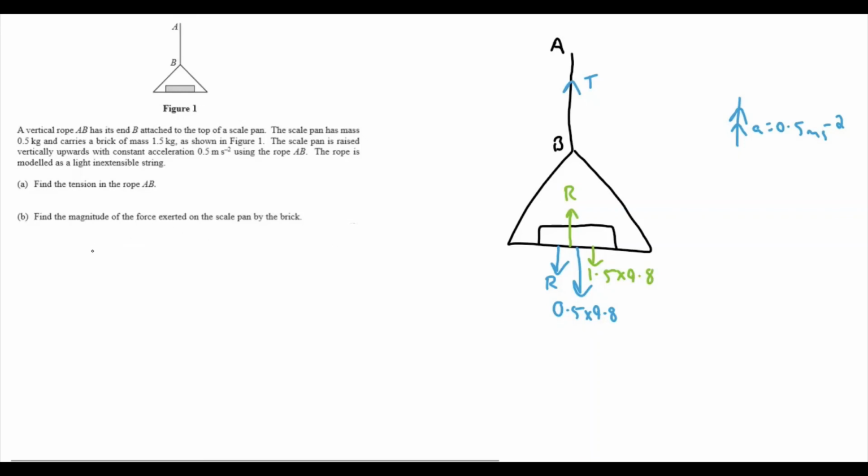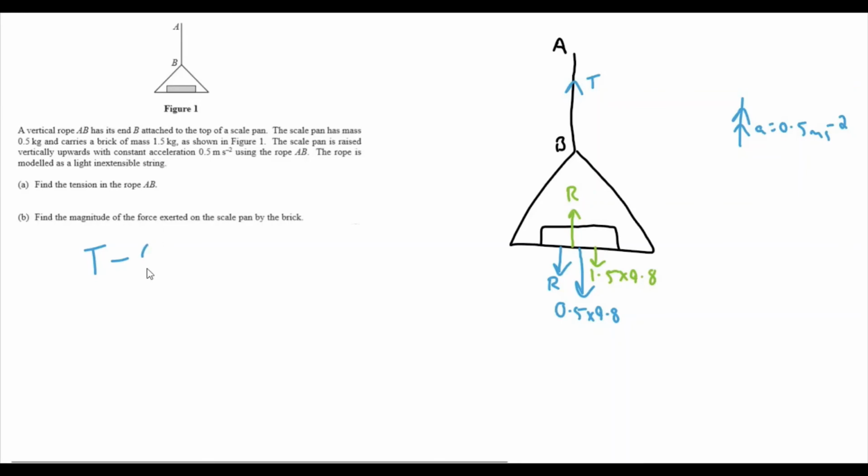This just leaves the forward force being T, with the resistive forces then being the combination of the two weights, so 0.5 times 9.8 and 1.5 times 9.8, which, if you like, you can just think of as T minus 2 times 9.8, the 0.5 and the 1.5 together. This equals the mass times the acceleration.